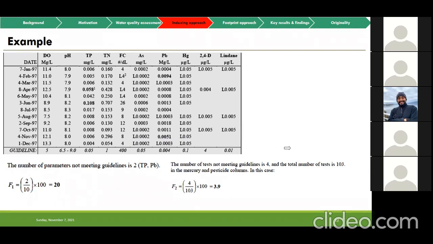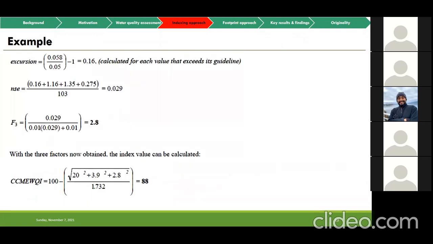Moving forward to F3 on the next slide, just a second, please. Yeah, this one. This is how we calculate the amplitude, which is the excursion. I'm going to simplify it. It's all written, and I've placed the reference here, but let me explain a bit more in detail. This is basically how much the parameter has exceeded.